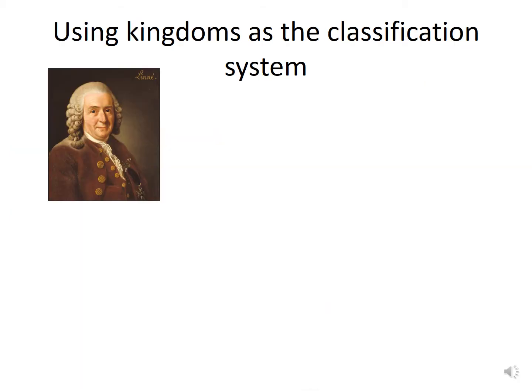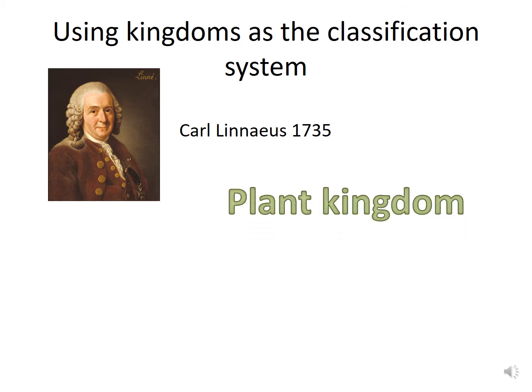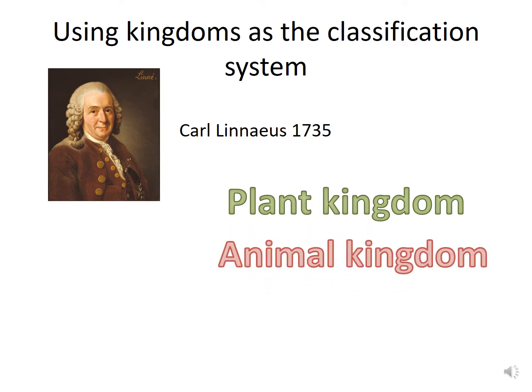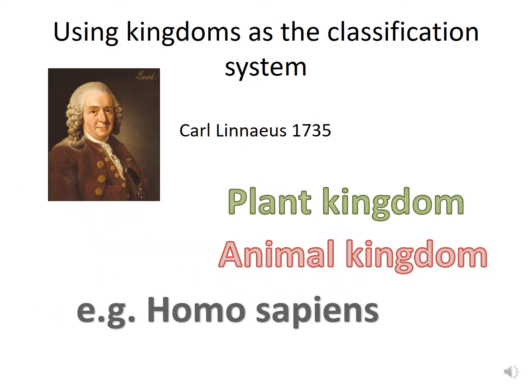The first person to use the kingdoms as a classification system was Carl Linnaeus, pictured here. In 1735, he came up with a system known as the two-kingdom system. He first used plant kingdom and animal kingdom to describe the 2 major classifications. He came up with a system of naming called the binomial system.